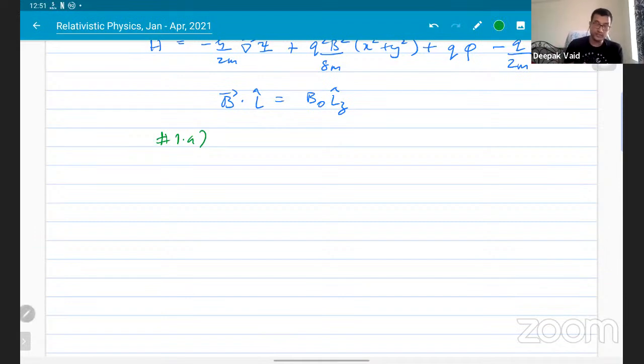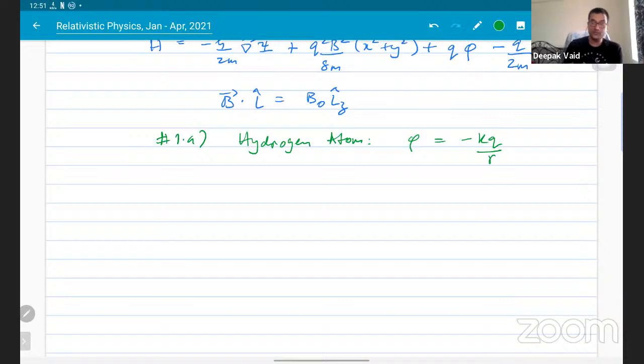So we consider two cases, which are the cases of immediate interest, right? The hydrogen atom, and in this case, our external potential, the electric potential V is equal to minus KQ by R, right?